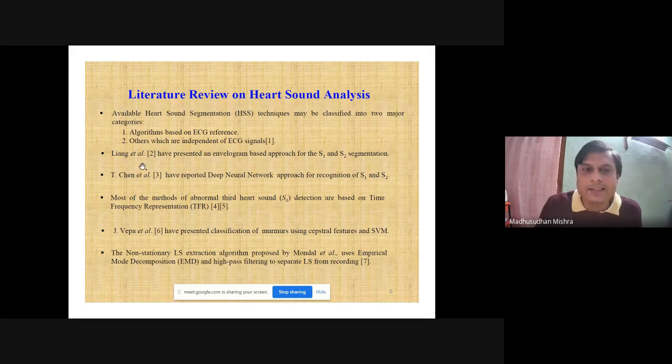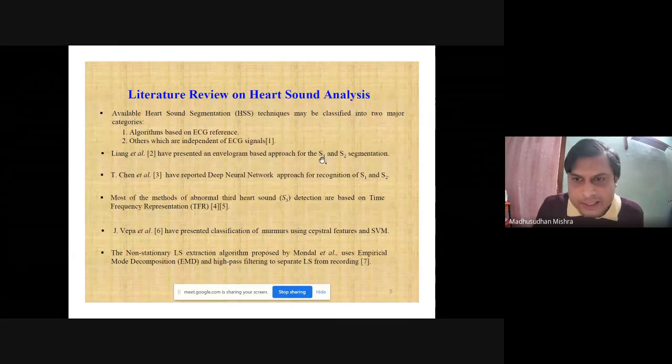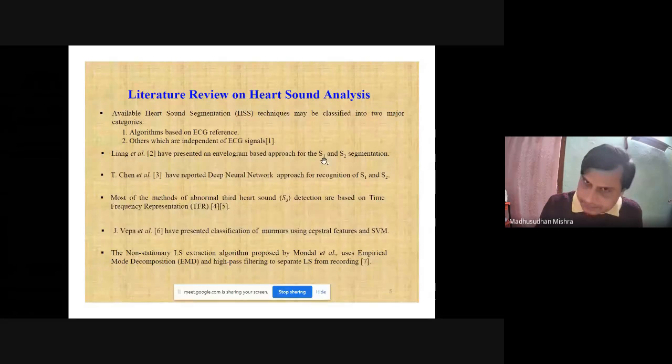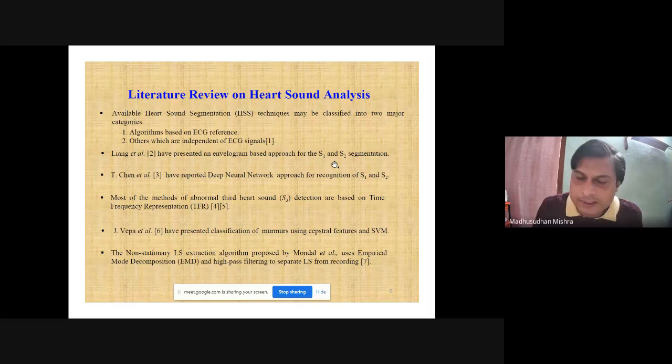In this context, Liang and his co-researchers have presented an envelogram based approach for segmentation of the first and second heart sounds, S1 and S2 respectively. When we hear the first and second heart sounds, lub and dub, we find that there are certain changes in their frequency components and in their amplitude. So we exploit the energy of S1 and S2 for their location finding and for their detection.